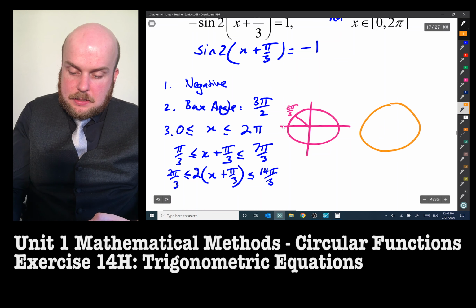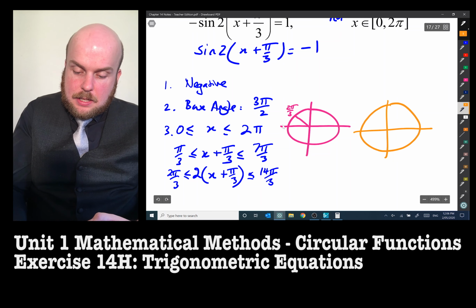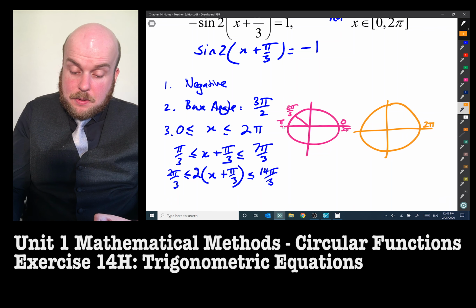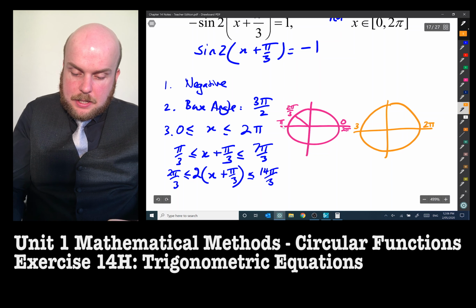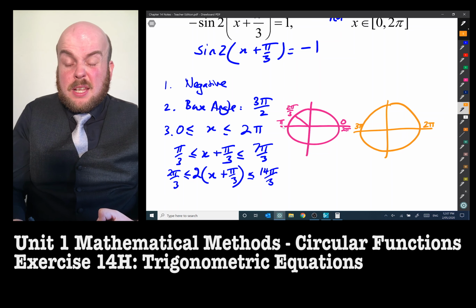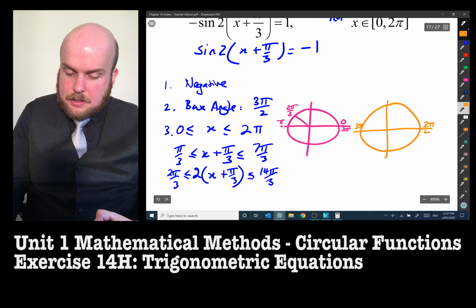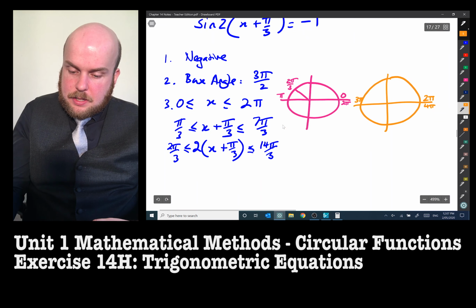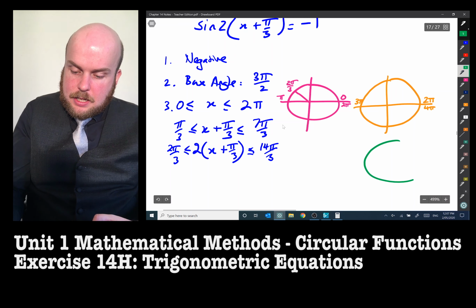Just in case that doesn't make sense, here's 3 pi, and 3 goes into 14 4 times, so we'll have to go around a little bit again.